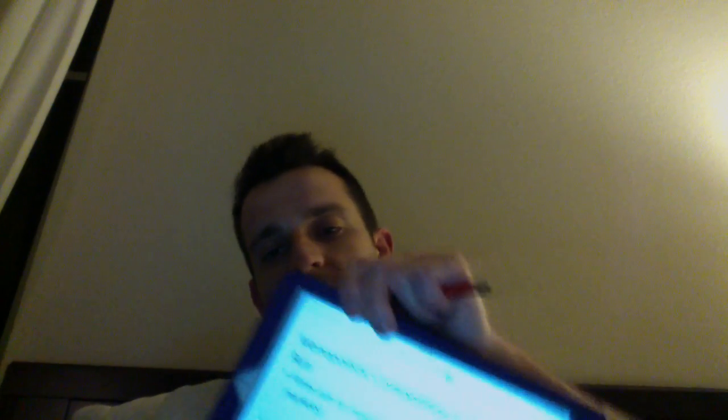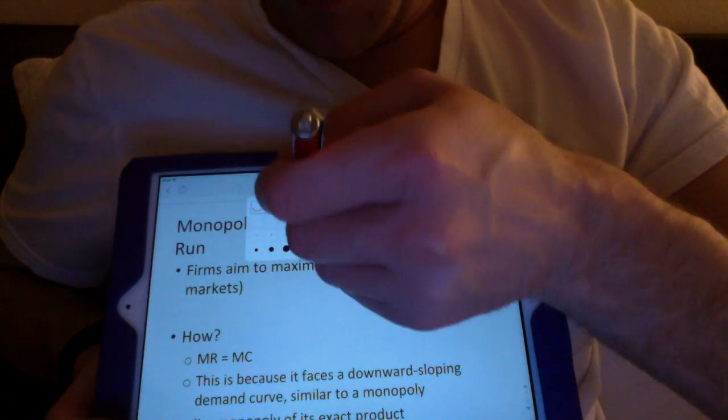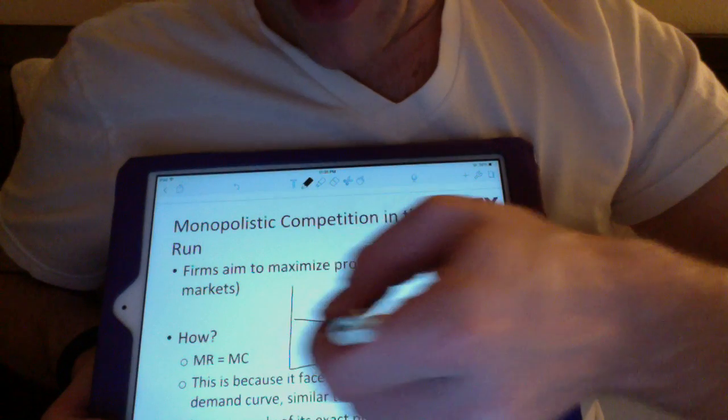It, however, is not equal to price, because the firm in monopolistic competition faces a downward sloping demand curve. This is because it has a monopoly on its own products, so there's less demand as price goes up. Unlike with perfect competition, and I'll draw these out. In perfect competition, we had a flat curve.